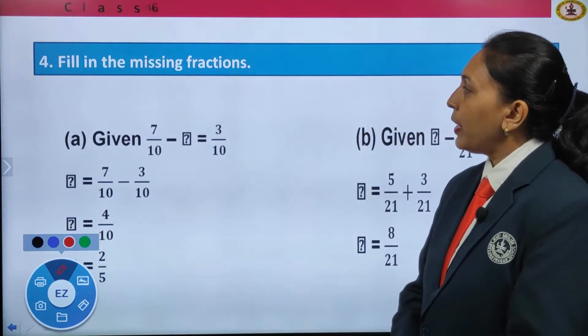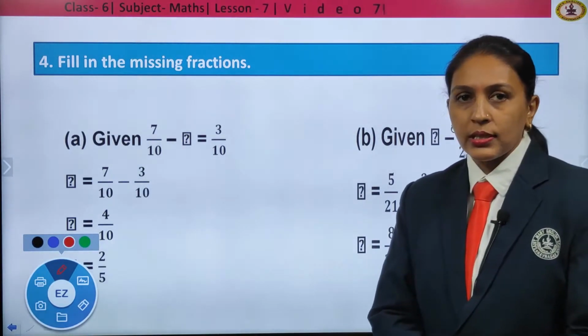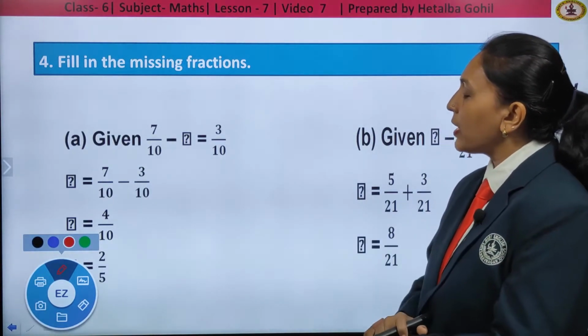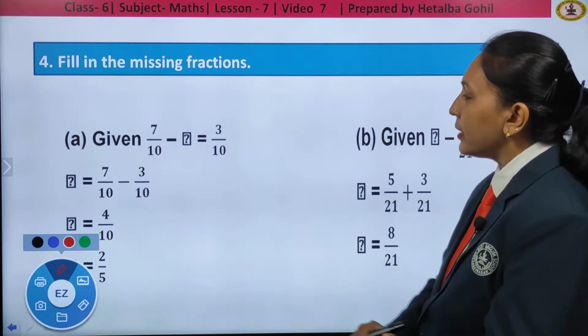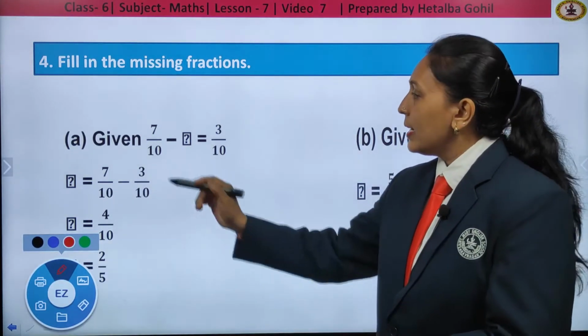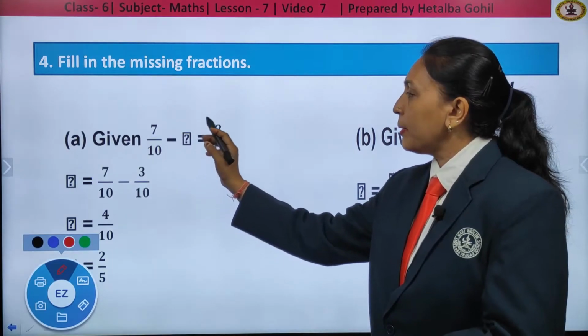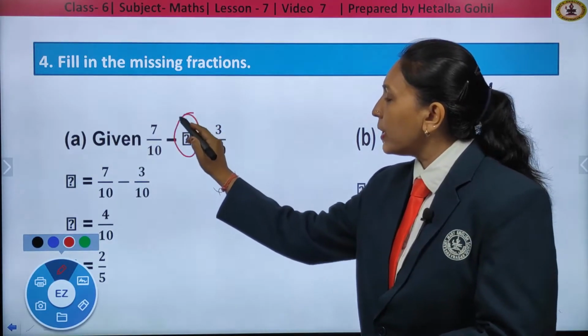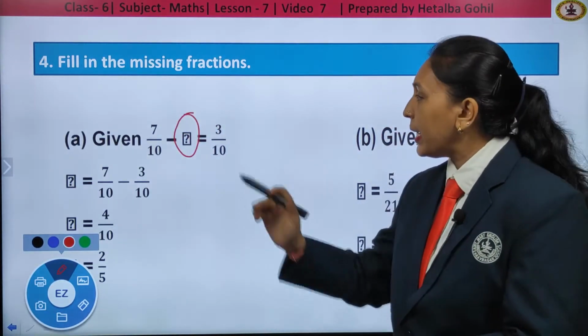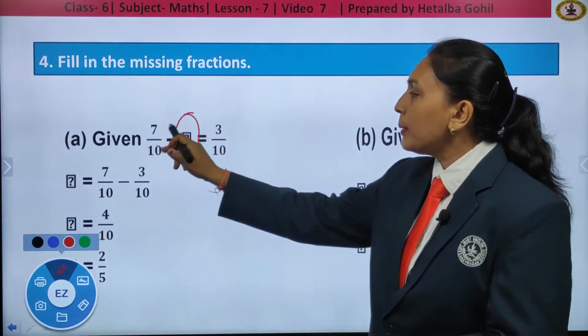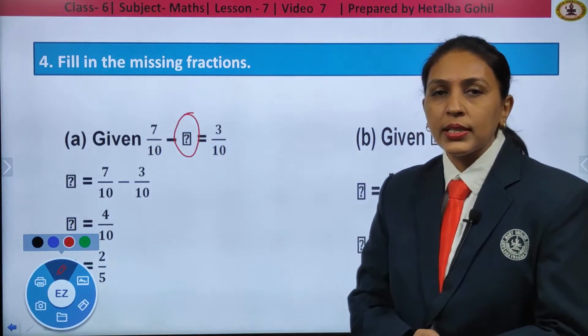Now fill in the missing fractions. So now we have to find the missing fraction here. You can see, children, here the question given to us is 7 by 10 subtracted by what fraction will come here, so that the result will be 3 by 10. So what number I will subtract from 7 to get 3, children?